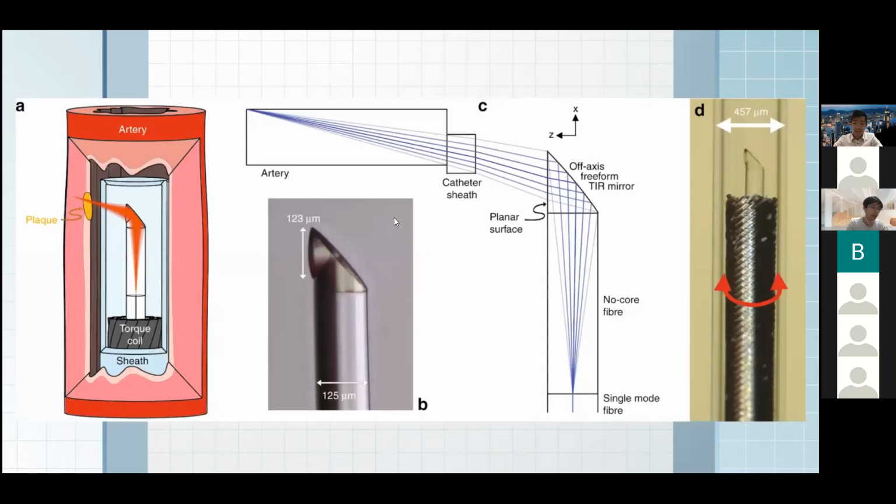So currently for catheters, you will want to combine all of these imaging modalities together. So sometimes you will have to insert more than one catheter. But inserting more than one catheter actually increases the chance of complications. So what do you do?